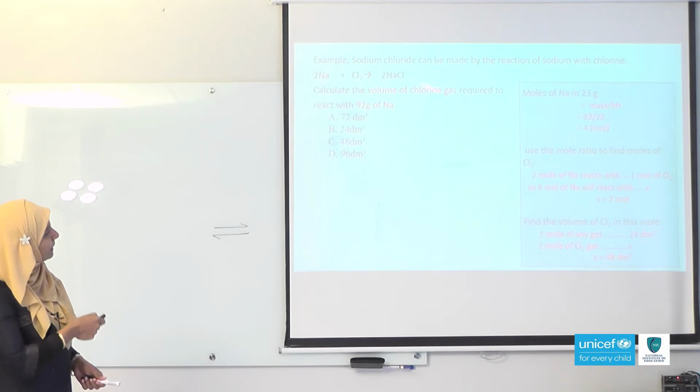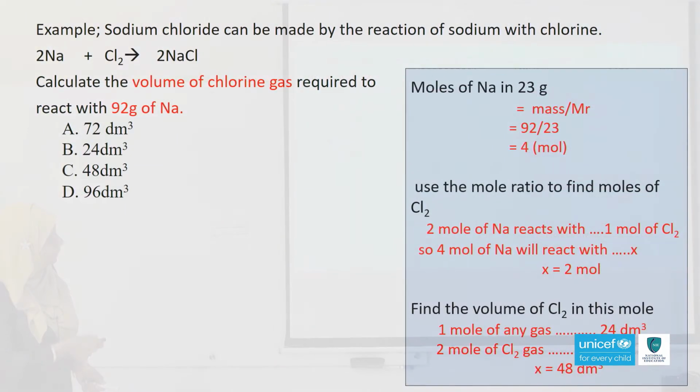Sodium and chlorine react in a 2:1 ratio. So 2 moles of sodium react with 1 mole of chlorine. So we have 4 moles of sodium reacting with how much? And the answer is 2. Once you get the number of moles, you can use the relationship where 1 mole of any gas occupies 24 dm³ and then find the volume for 2 moles, which is 48.